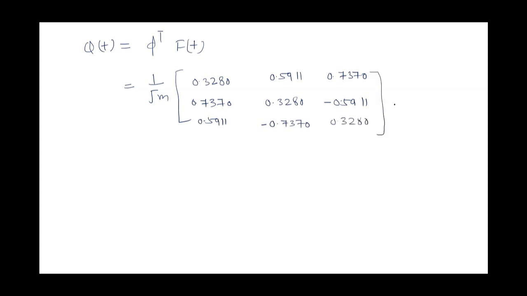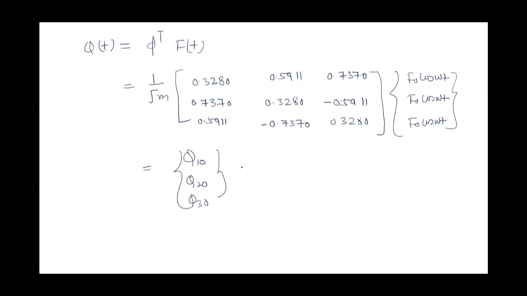So this is the transpose of the modal matrix, and you know that the force vector is F naught cos omega t in each component, F1 t, F2 t, and F3 t. So this can be written as Q1 naught, Q2 naught, Q3 naught multiplied by cos omega t.